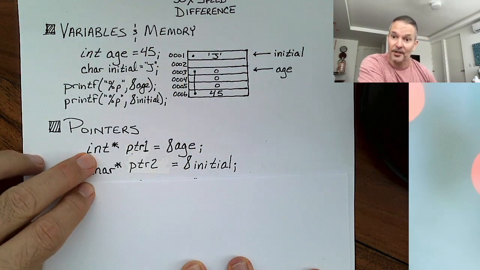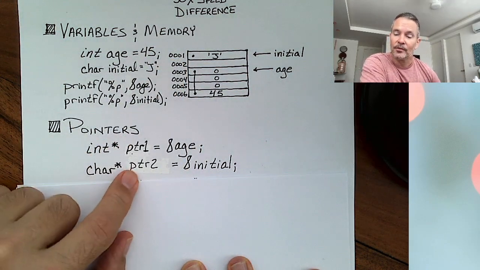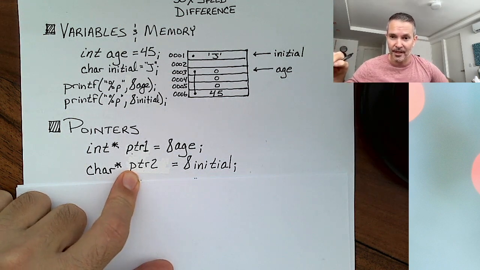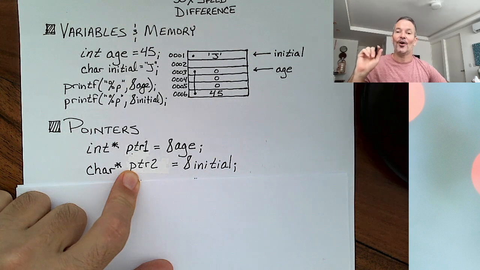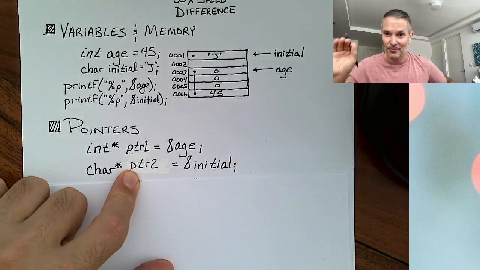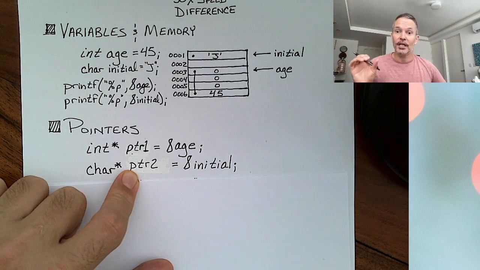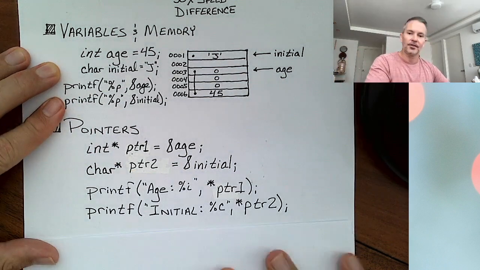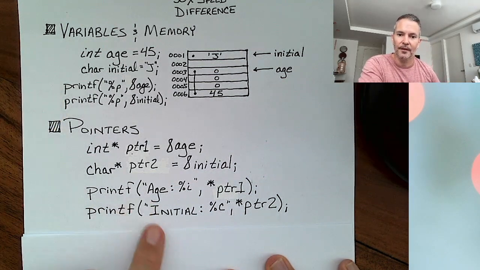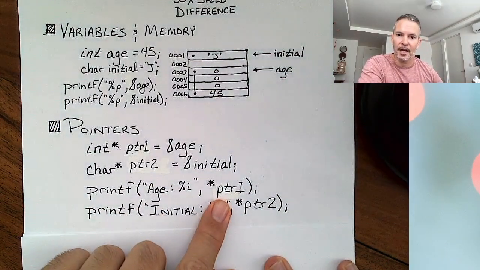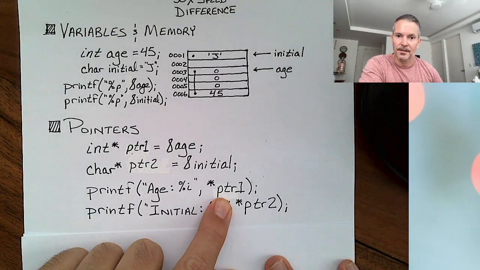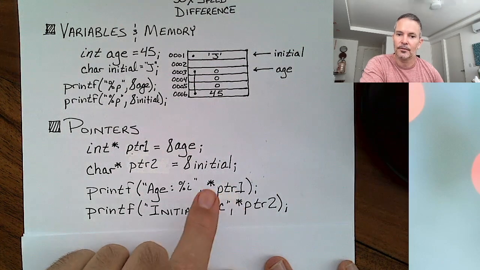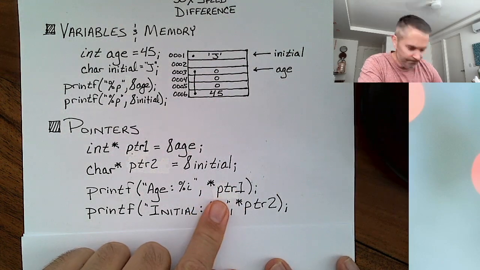So pointers are simply variables that, instead of holding a value that has been stored in memory, hold a memory address. So if I were to run this code right here, I would print out, as we said earlier, 0003 for the age variable, and oh, sorry, I've misspoken.